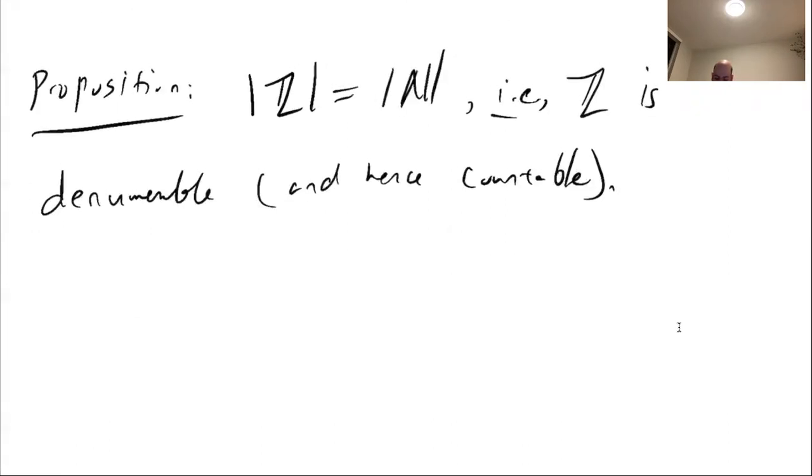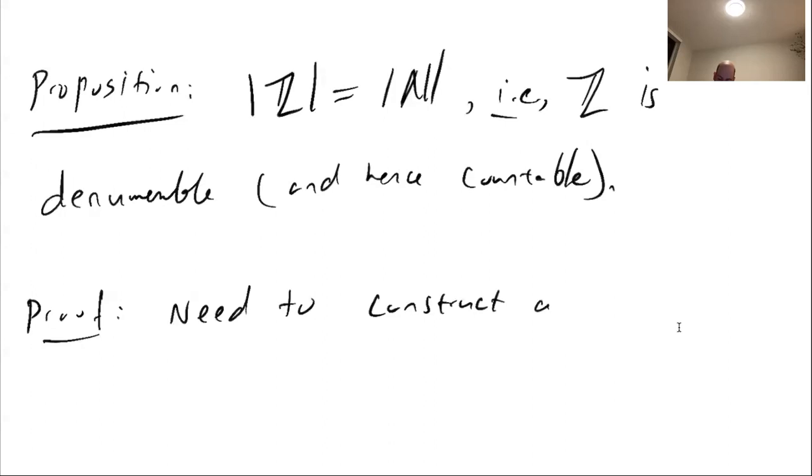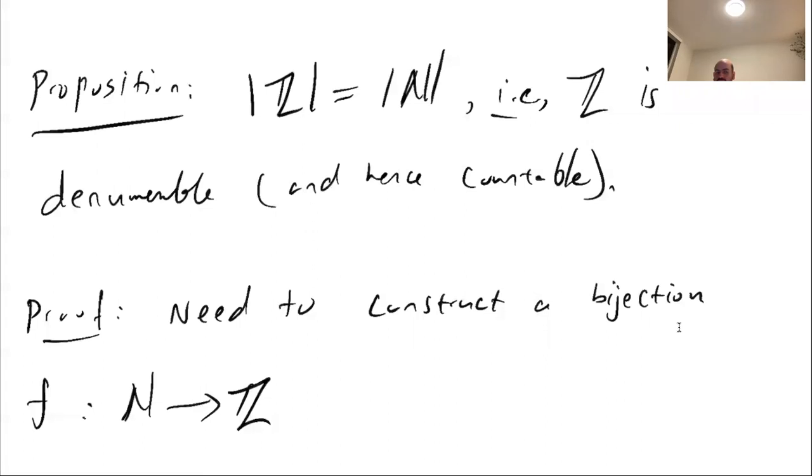So how can I prove this proposition? Proof. We need to construct a bijection f, let's say from N to Z. Again, how do we show that two sets have the same cardinality?